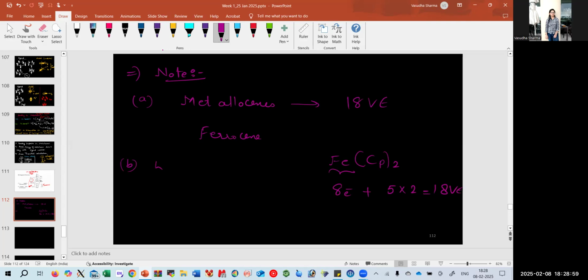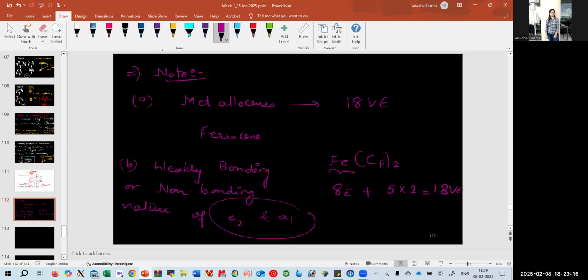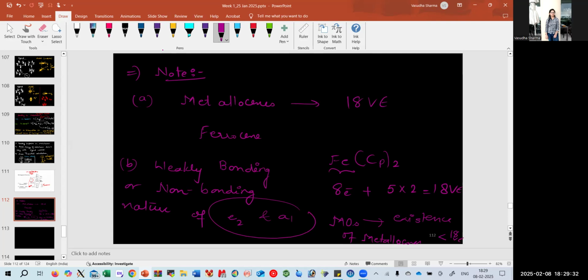But the weakly bonding or non-bonding nature of the mentioned E2 and E1 molecular orbitals actually makes possible the existence of metallocenes with less than 18 valence electrons.